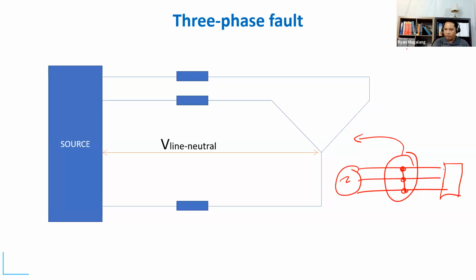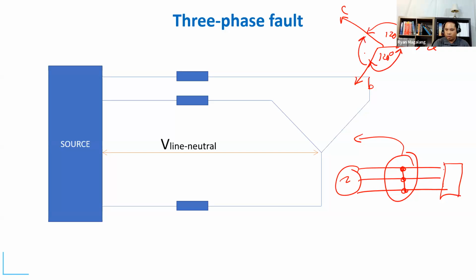So what I'm saying here is, let's say this is your phase A. That's a bad drawing. This is your A, this is your B, and this is your C. That's for an ABC sequence, and they are just spaced 120 degrees apart.